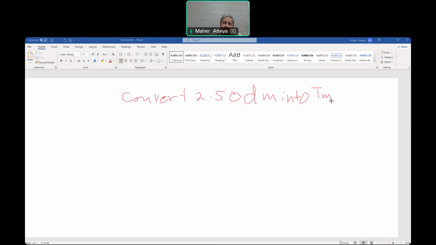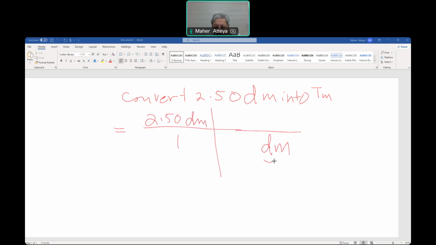So in order to do this, we are still metric to metric. So we'll say, okay, we'll do this: 2.50 decimeter over 1. We have to get rid of the dm. M is the basic unit for meter. Deci is 10 minus 1.